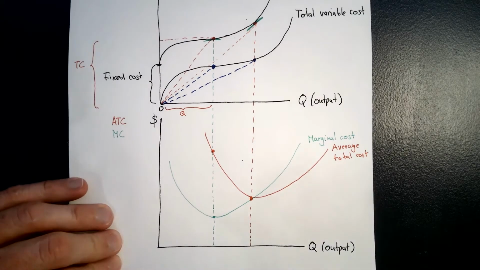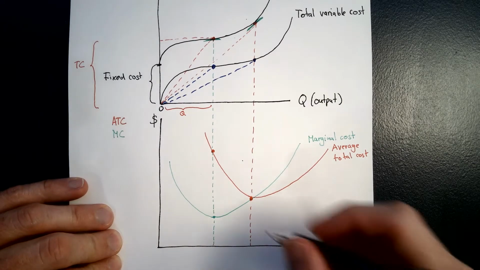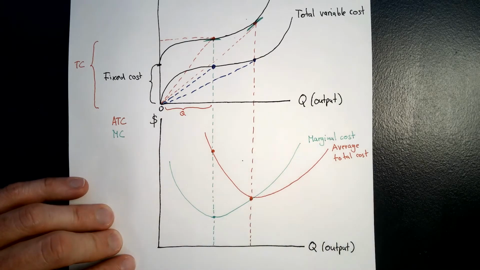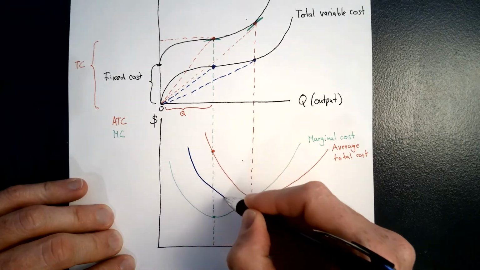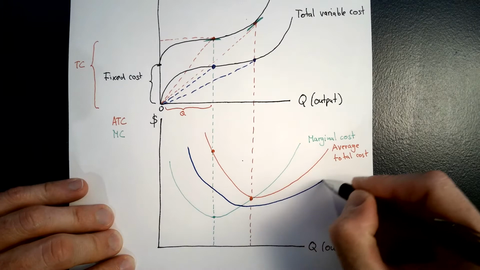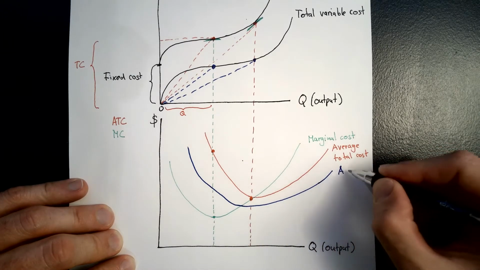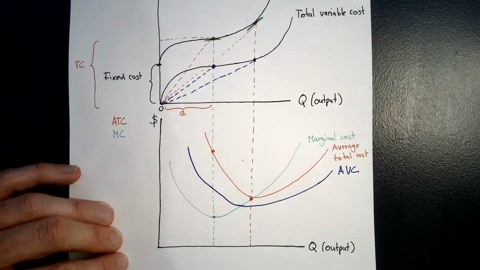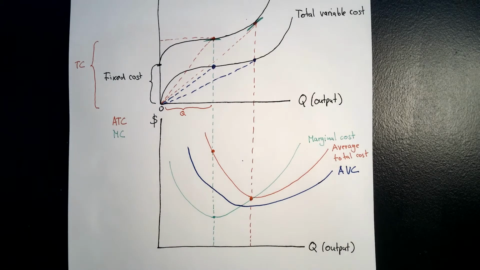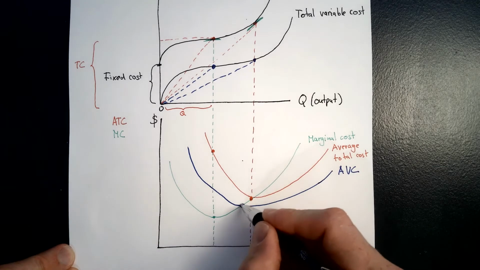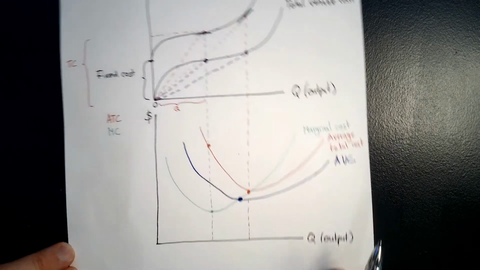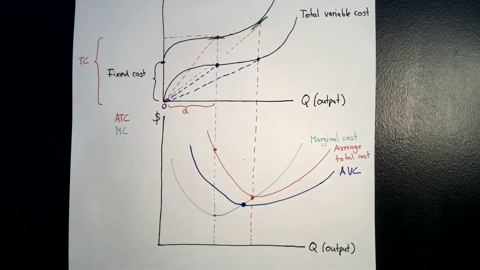So the average variable cost is going to be below the average total cost. Let's just call this the AVC for average variable cost. And the minimum of the average variable cost again is where the marginal cost intersects the average variable cost.